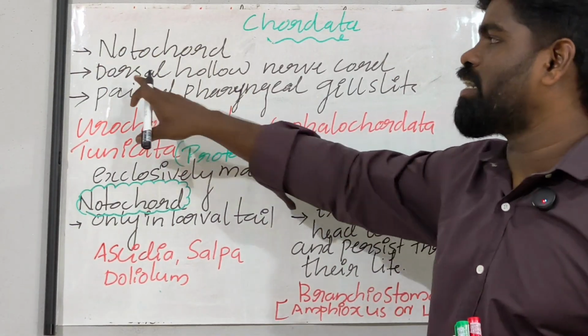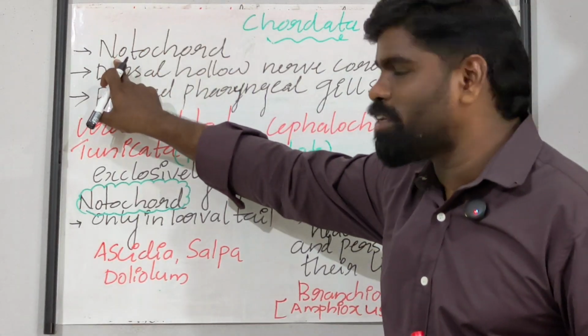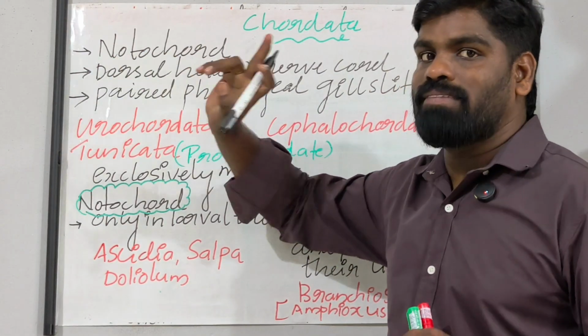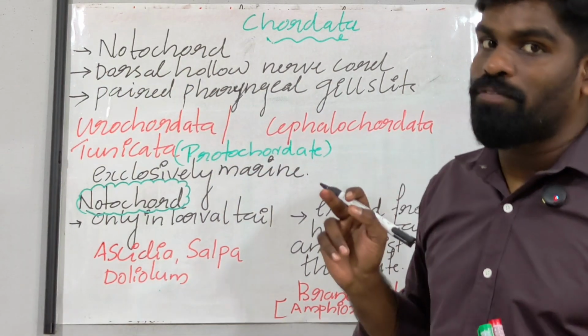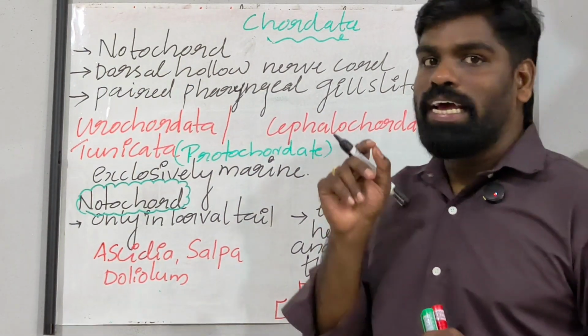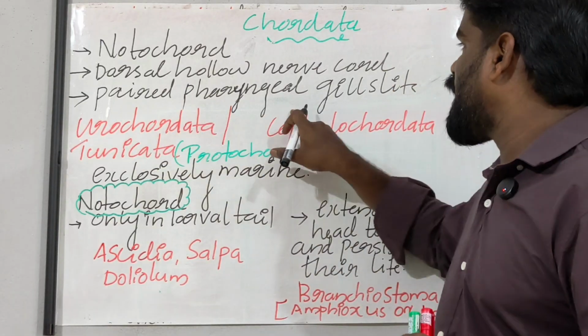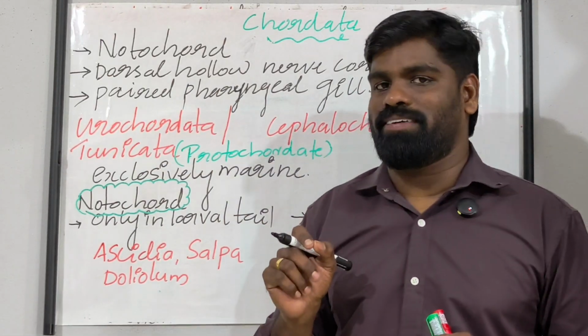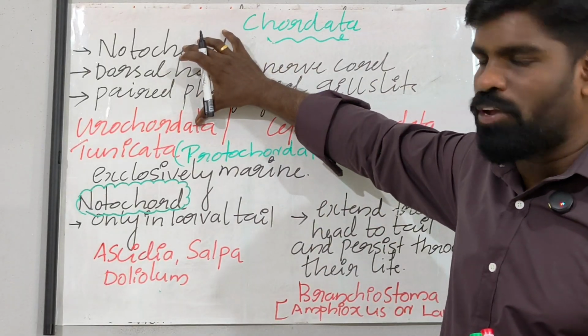Then the second character, dorsal hollow nerve cord. A notochord is present in the chordate, but it is absent in the non-chordate. Dorsal hollow nerve cord is present, and paired pharyngeal gill slits are also present. So this you have to keep in your mind.